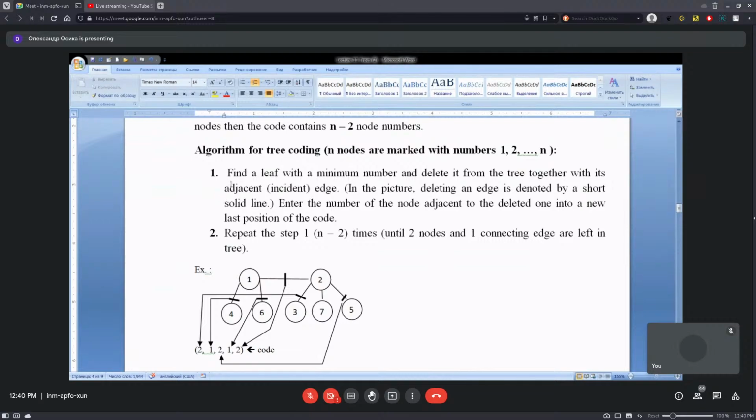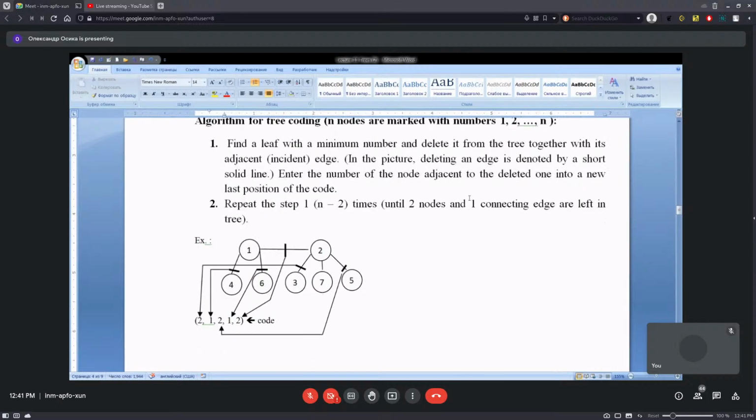But this I found in the book, that's why maybe it is also possible to call the edge and the vertex adjacent. Well, it doesn't matter. You understood it. With each adjacent edge, or incident, if you want to be strict. In this picture, deleting an edge is denoted by a short solid line.